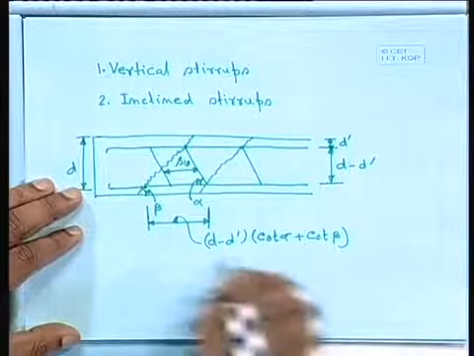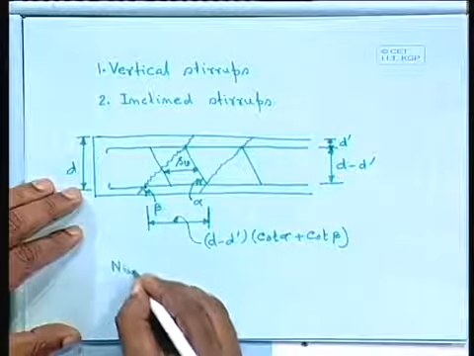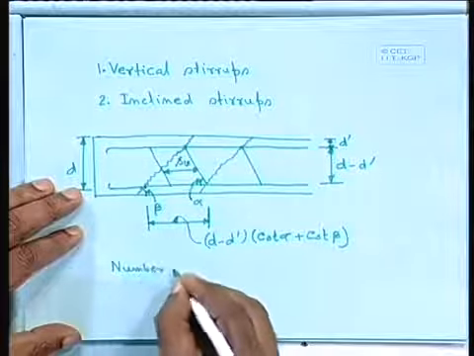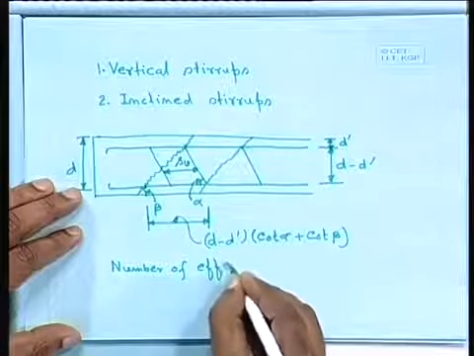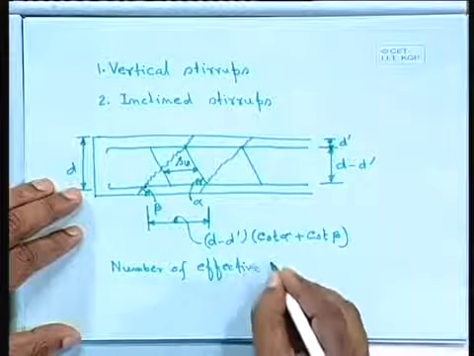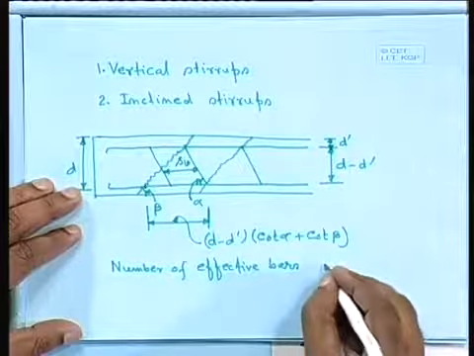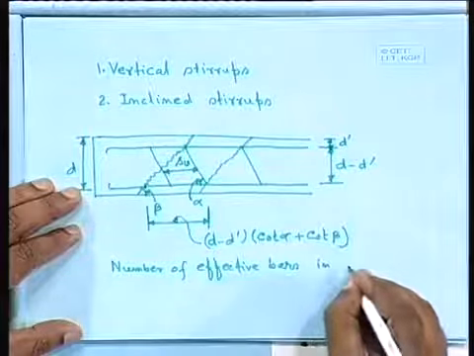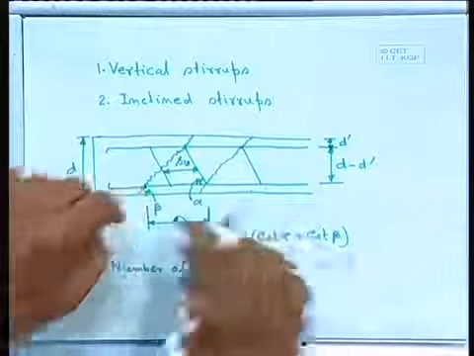So, how many bars? Number of effective bars in one region, we can say, because this is one region, this spacing.